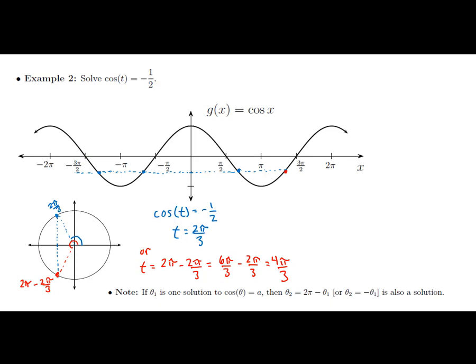But also we see that if we add copies of 2 pi or subtract copies of 2 pi to either of these, we just end up in the same spot again. So just like in the last problem, our full solution would be to say that t is equal to 2 pi over 3 plus 2k pi, or t could equal 4 pi over 3 plus copies of 2 pi.